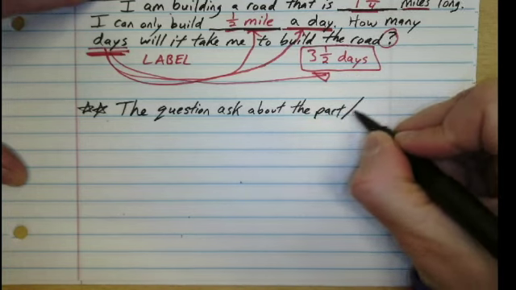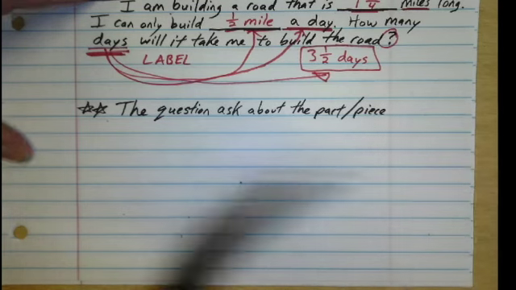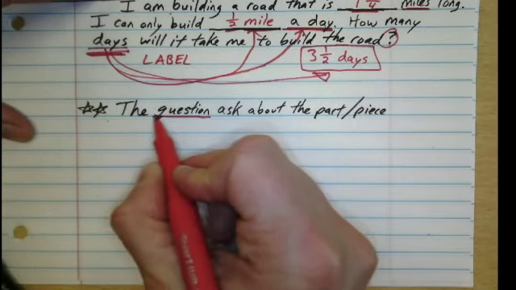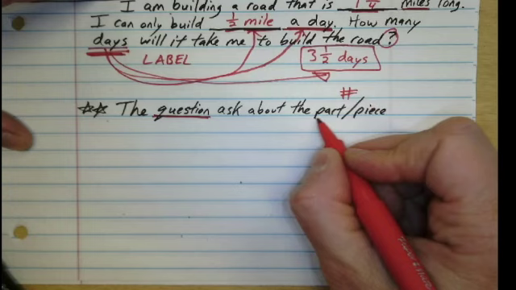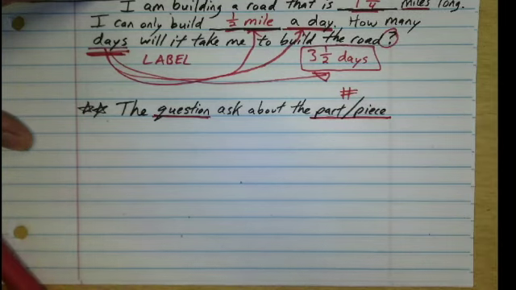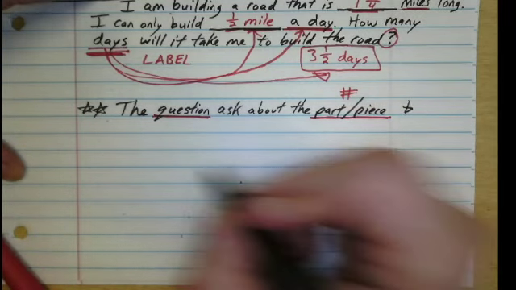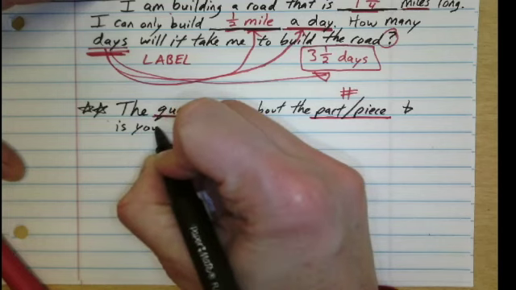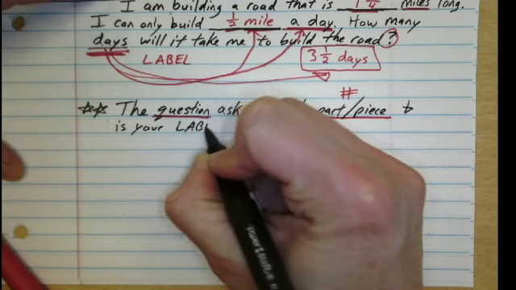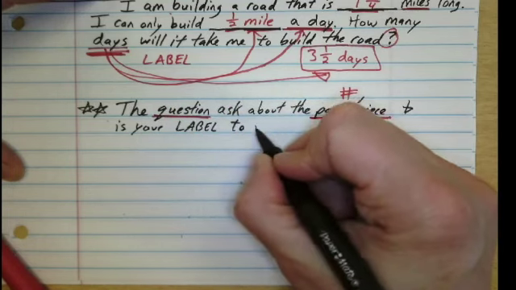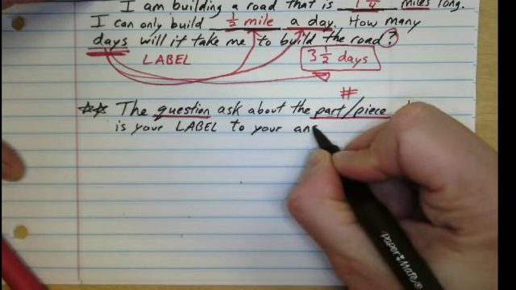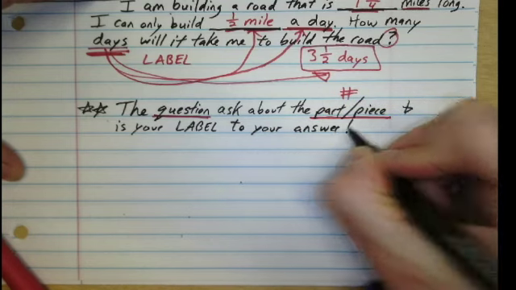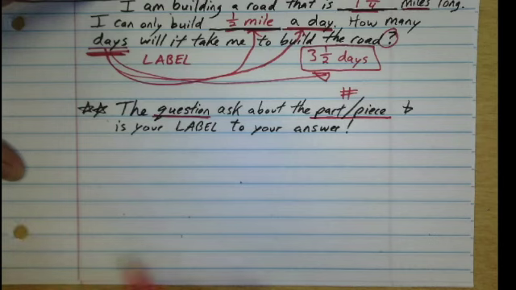I'm going to say part or piece. So the question helps you identify which number is the part or piece, and is your label to your answer, which is helpful because the question is the one with the question mark, and it actually helps you label your answer.